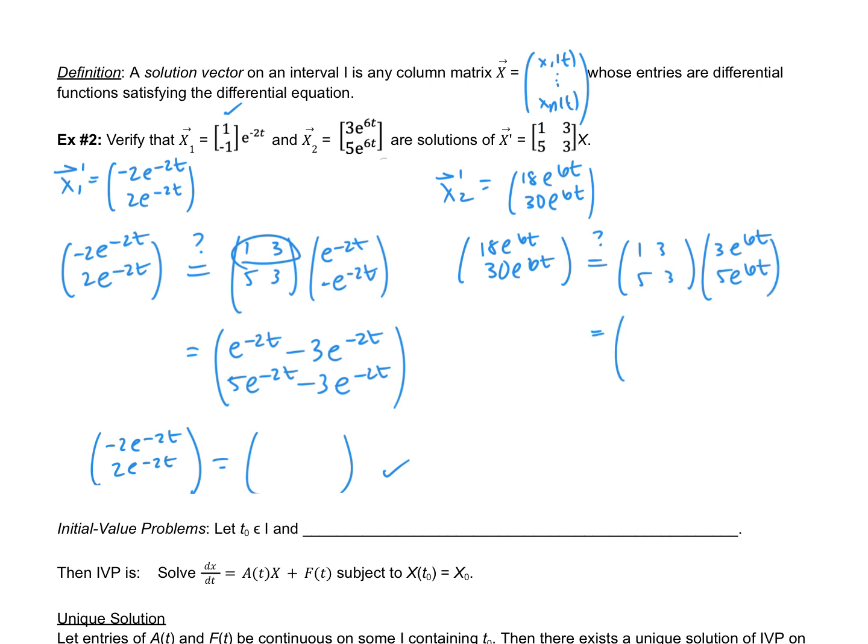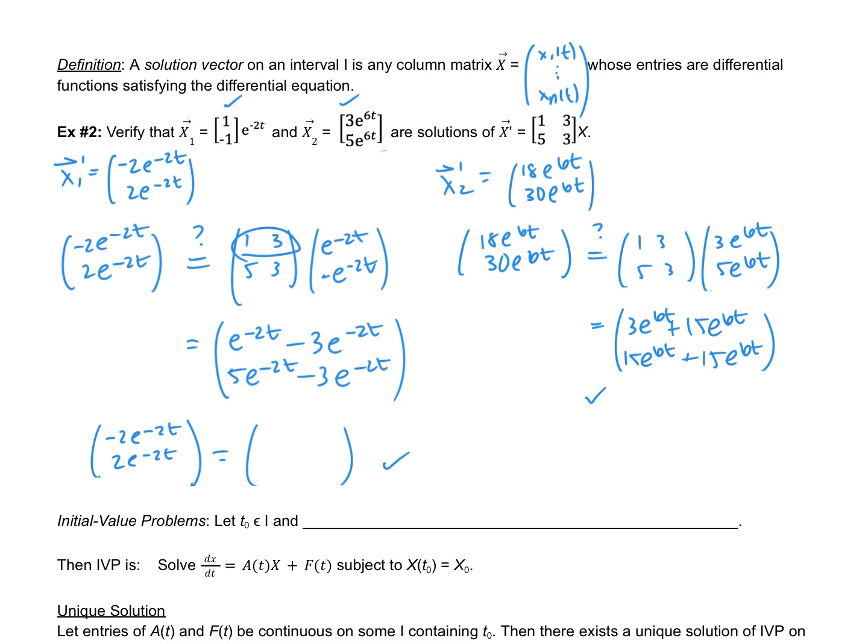The right side of the equation gives me 3e to the 6t, adding 15e to the 6t, and then 15e to the 6t, add 15e to the 6t, which is in fact true. So we have just verified that both x1 and x2 are solutions of that system of differential equations, this equation right here. Okay, so let's move on and talk about some more preliminary theory.